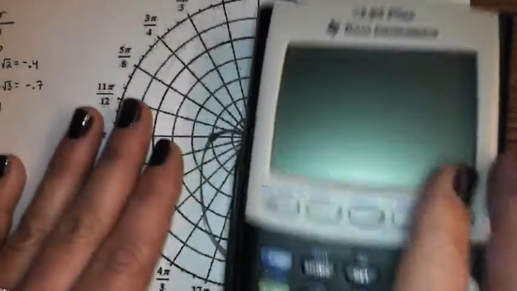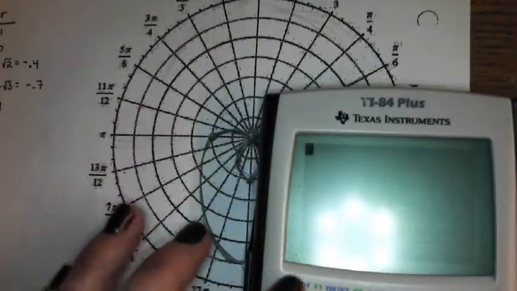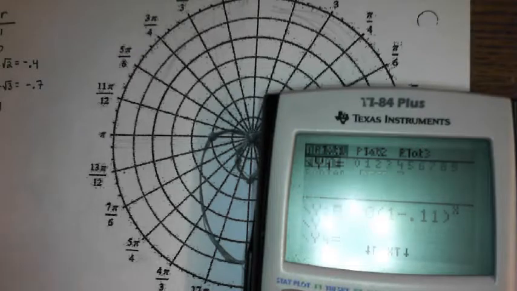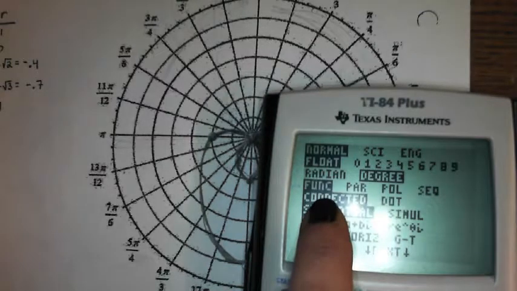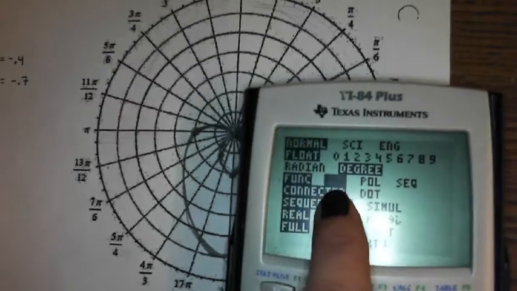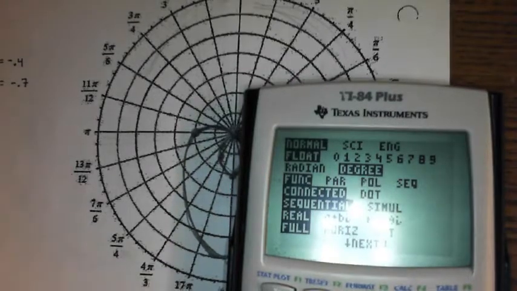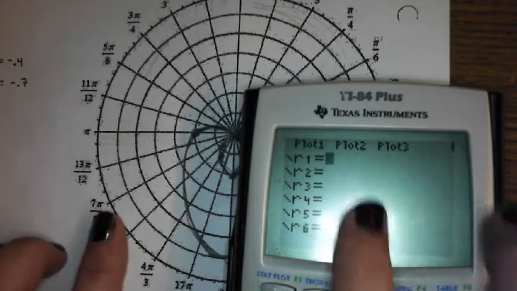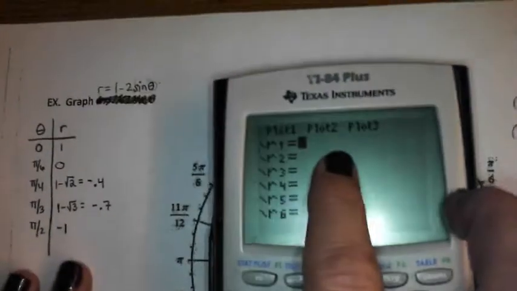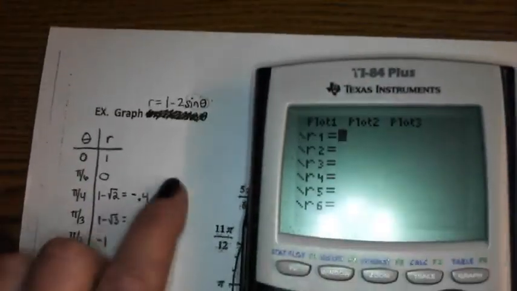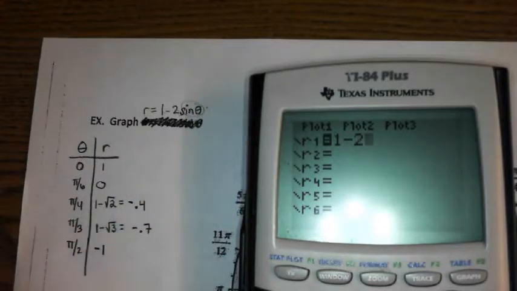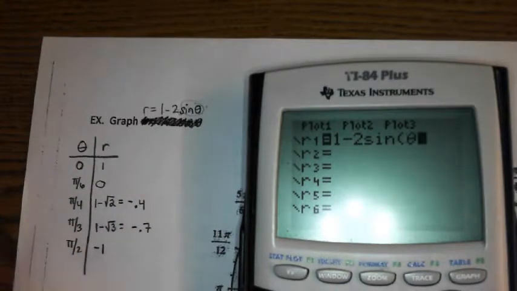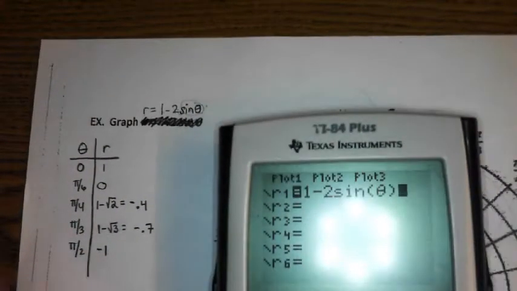So briefly I will show you, you'll have the back of your book to check, but where is our mode? Under your function, you have a polar option, POL. So if you go to y equals, then it's going to say r equals. It's not going to say y equals anymore in the polar world. So 1 minus 2 sine theta. When you use that x, it's going to come up a theta.